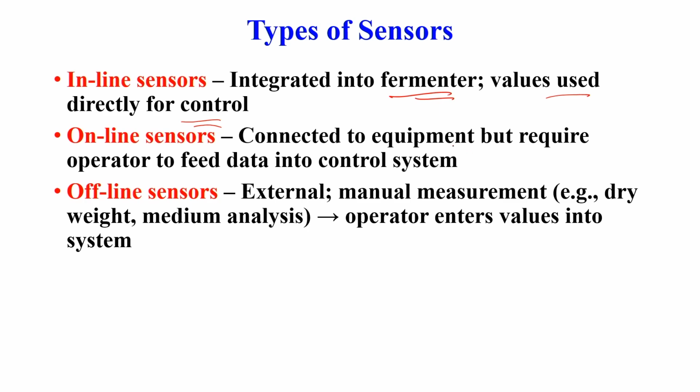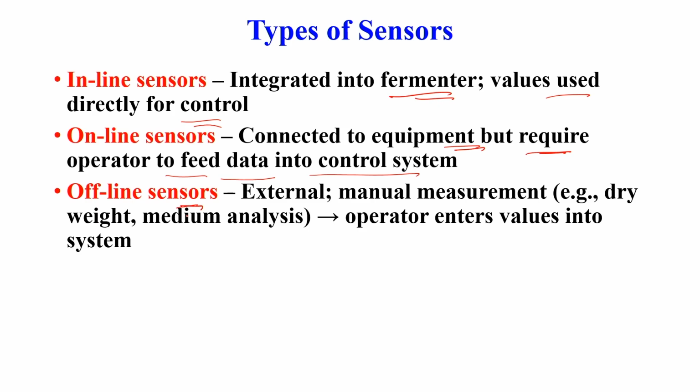Online, they are connected to the bioreactor, but the data manually need to be entered into control systems. So, in case of both inline and online, the sensor is integrated or connected with the equipment.